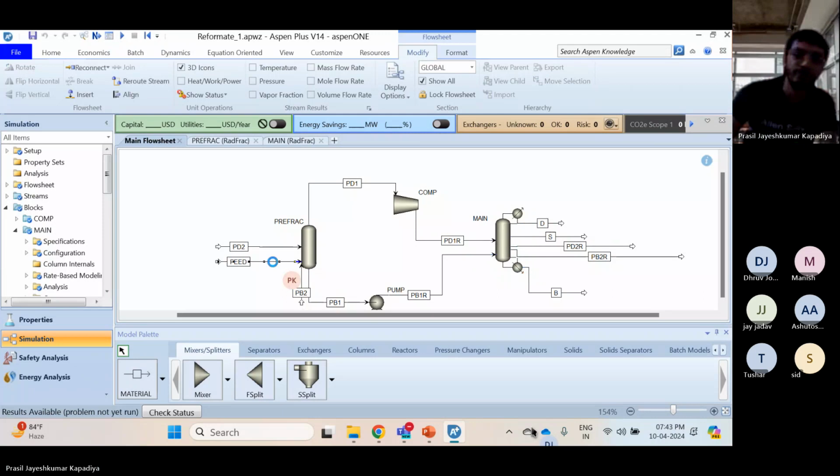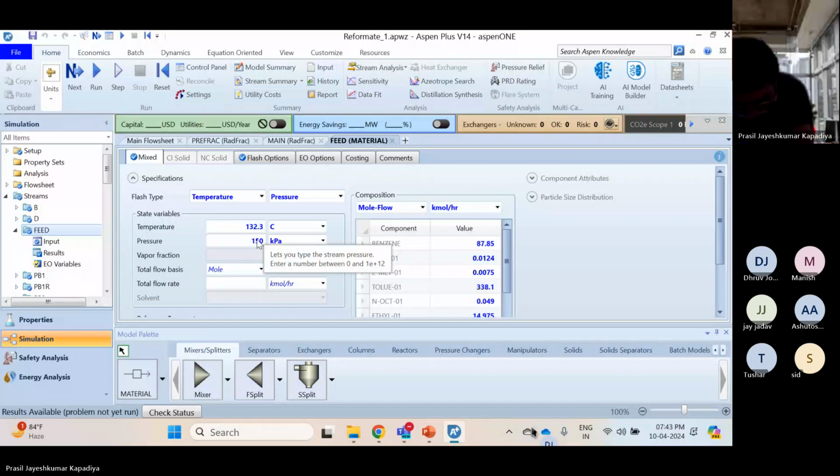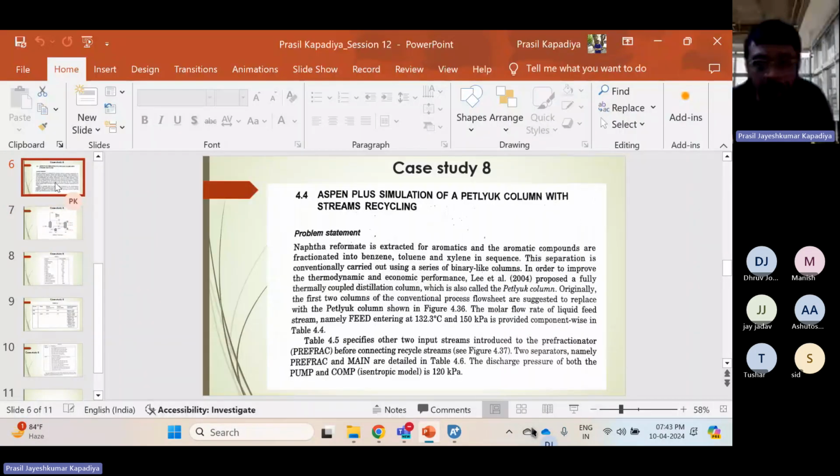Okay. So here you can see that feed is at 132.3 degrees Celsius from the problem statement and pressure is 150 kilopascal. I will show you the problem statement again: 132.3 degrees Celsius and 150 kilopascal pressure, correct?